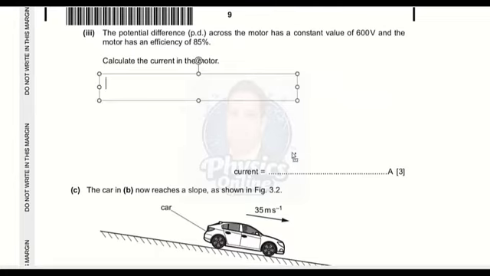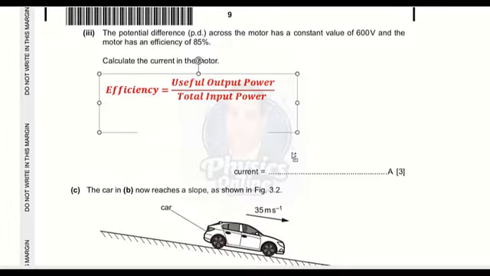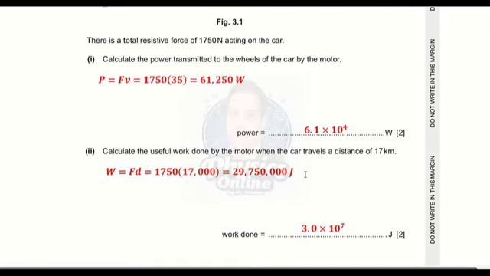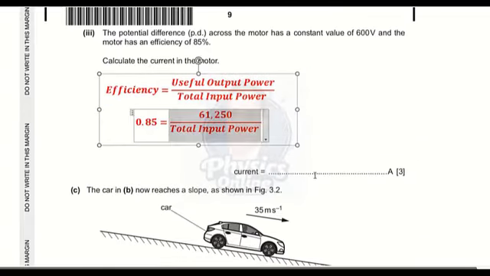So we write the equation of efficiency. Efficiency equals useful output power over total input power, times 100, but we will just use 0.85. So we substitute: 0.85 equals useful power that we calculated in the previous part, 61,250, divided by total input power that we need.